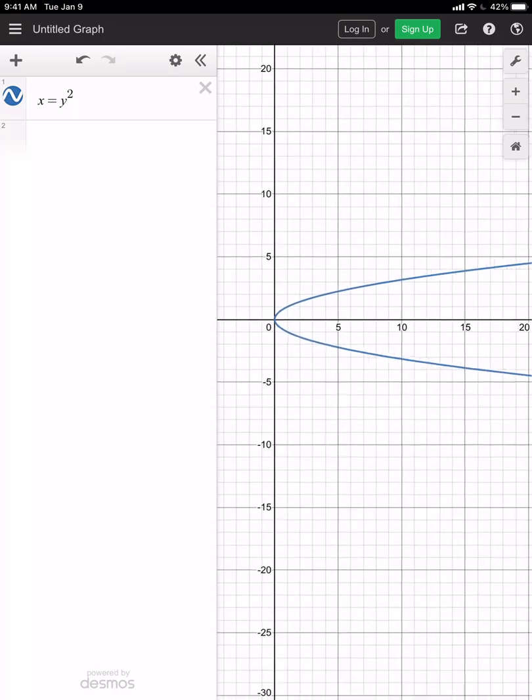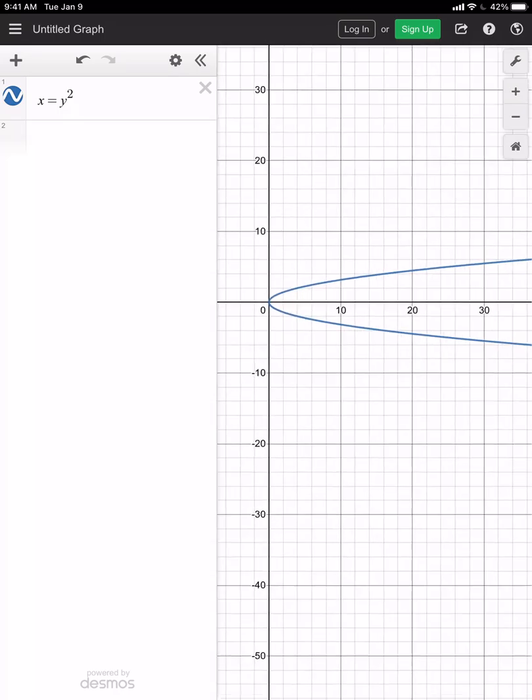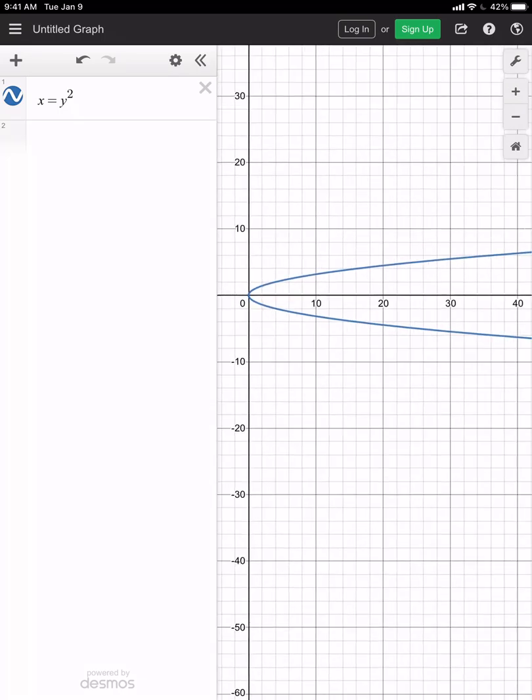All right, so there's our x equals y squared graph there. You can see there's one intercept at 0, 0, and it's symmetrical with respect to the x-axis. If we're to graph it when just y is greater than or equal to 0, then it's only going to be what's in the first quadrant.